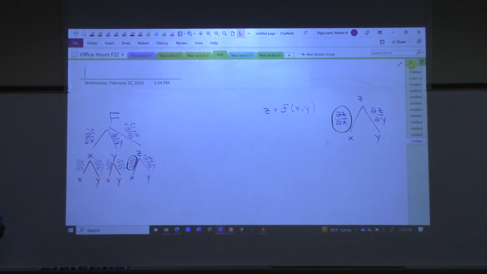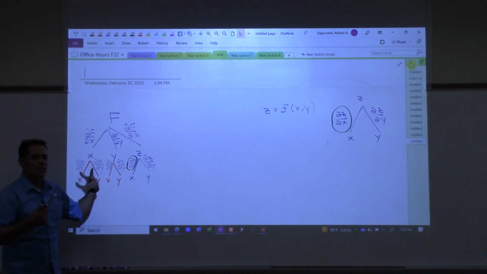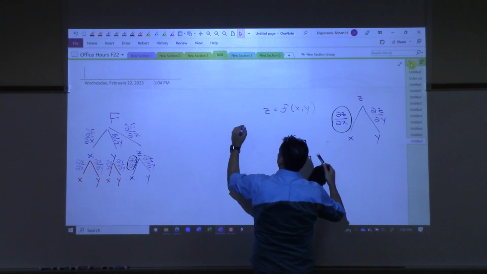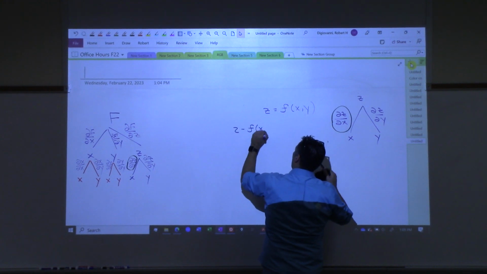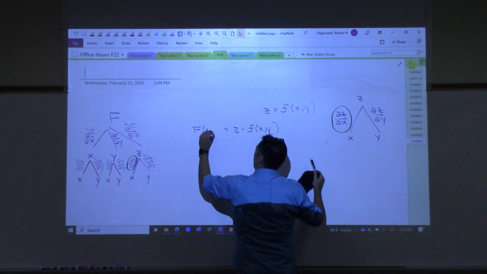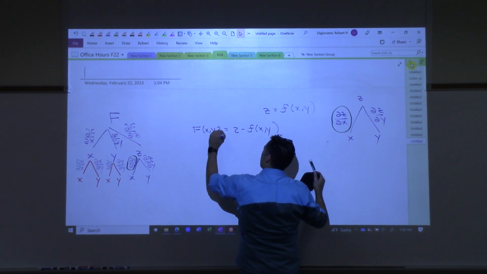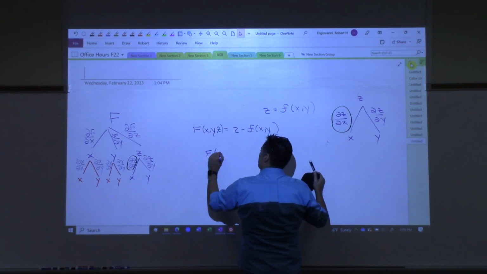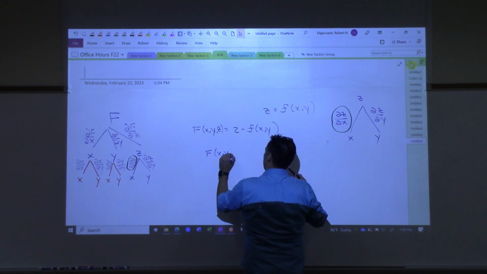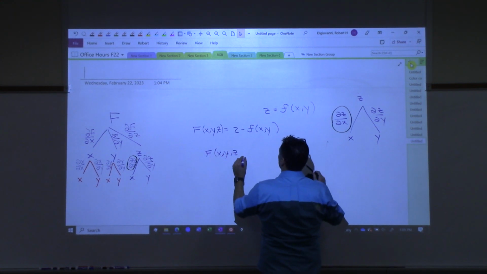So maybe there's a way I can solve for this somehow. And so, again, the previous page said move everything to one side, so z minus f of x, y. This is capital F of x, y, z. And then we set that equal to 0.